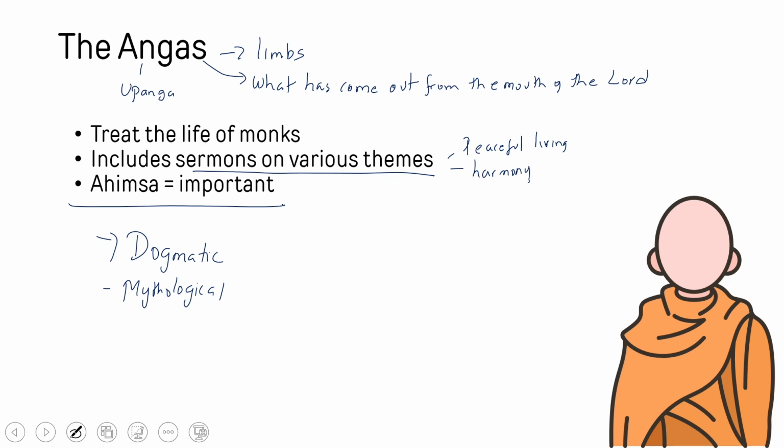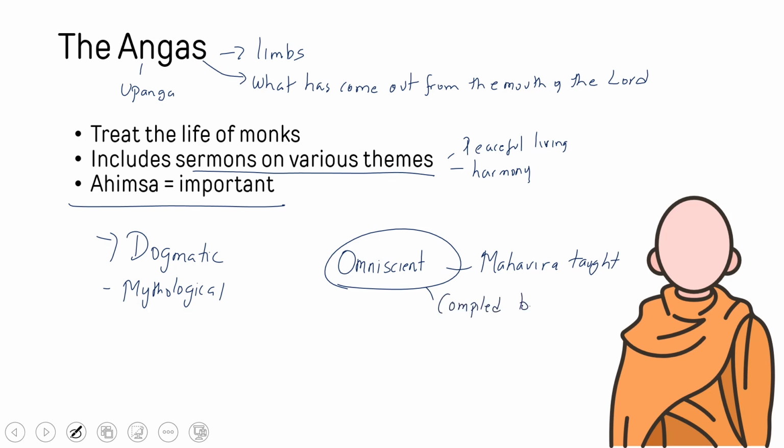Now the general understanding is that after being omniscient, after gaining knowledge, whatever Mahavira taught was compiled by the Ganadharas in 12 parts.